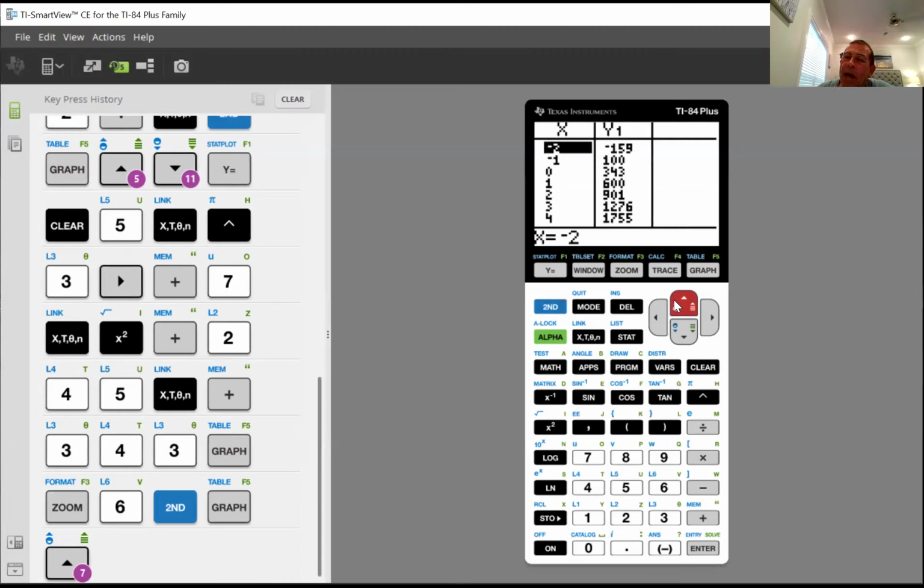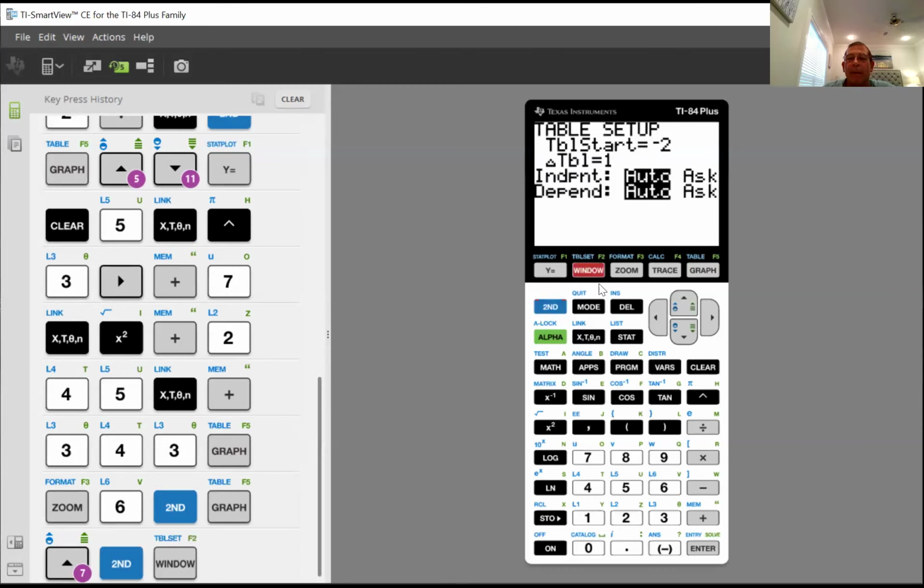So let me tell you why, because this one's going to end up as a fraction. So what you want to do is go to your window, and hit second window for table set. Now, I'm going to go down here to where it says triangle table. That means what do we want to change in our table to be?